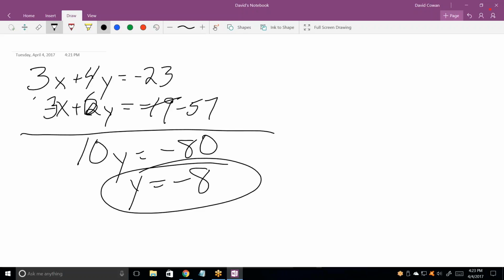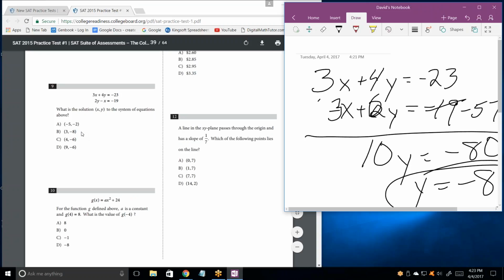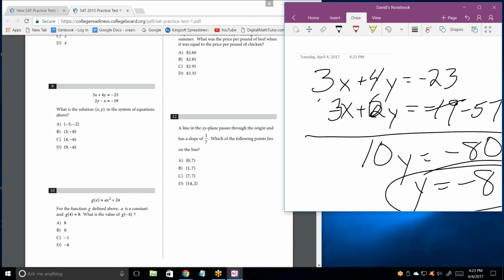Now, I could easily plug that into either equation and also get x, but we might not need to. There's only one answer on there that has minus 8 for y. So it feels to me like this was much less math needed than back solving would do.